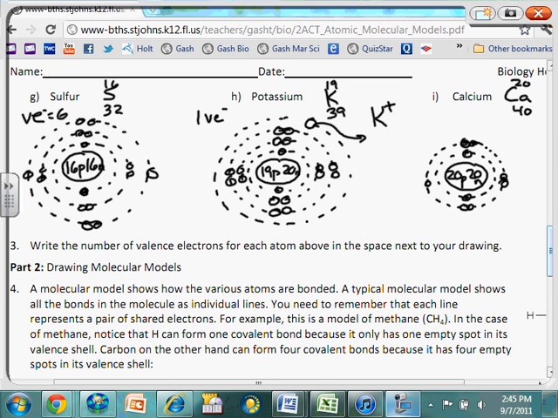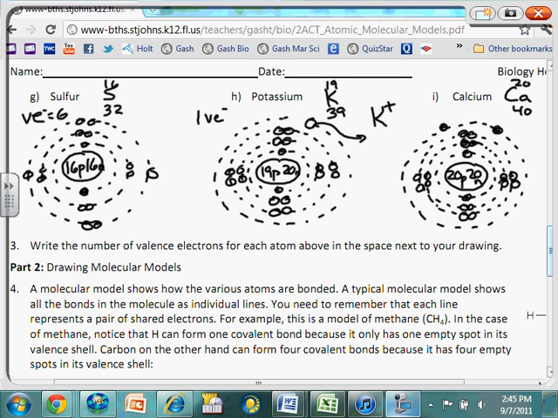There's 8 more. So that's 10. So there is 18. So we need 2 more. So we're going to add an extra shell along the outside to give us our 2 extra valence electrons.